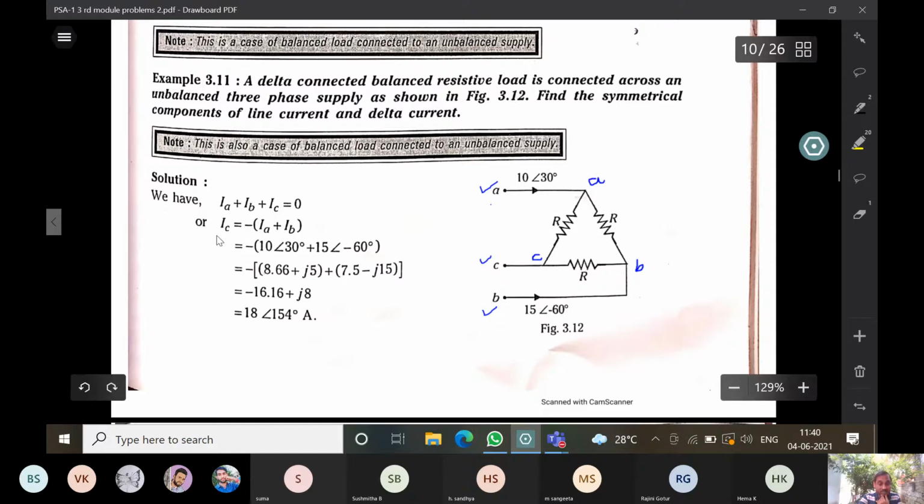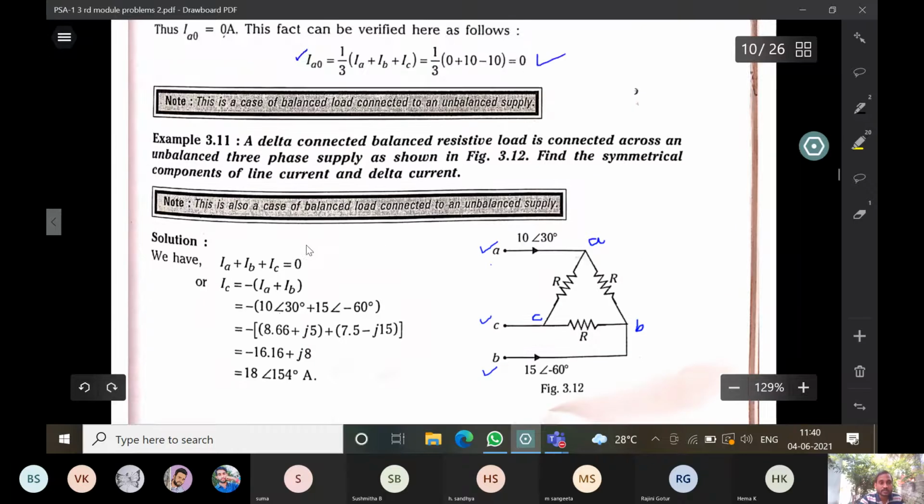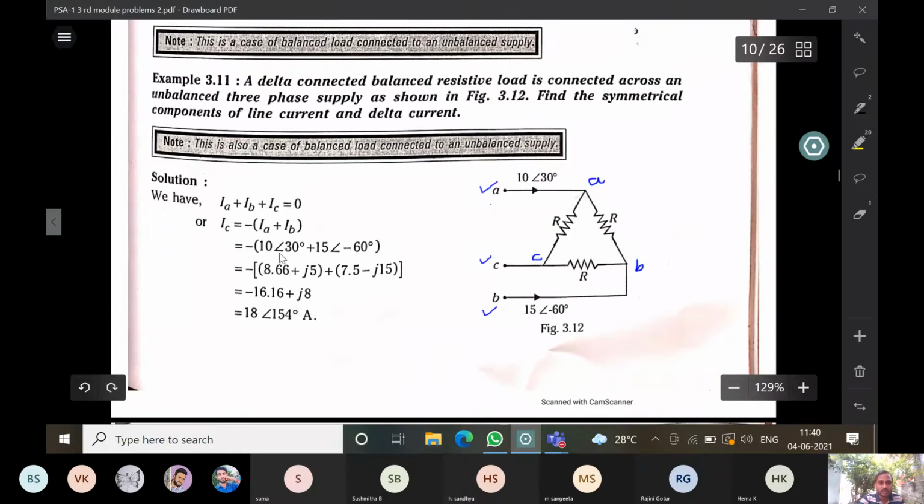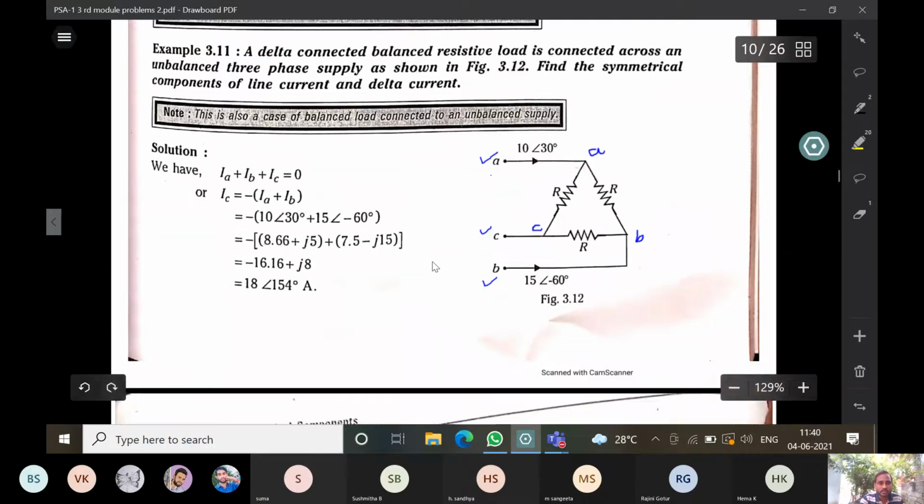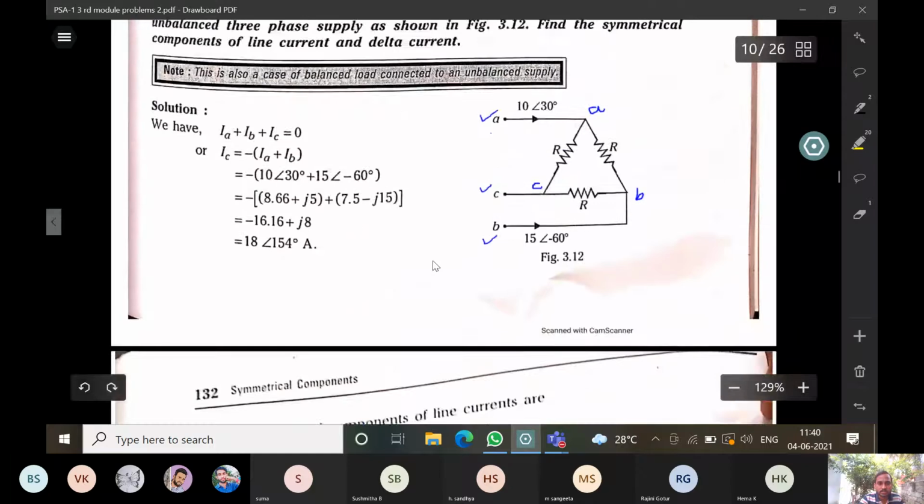So IC can be written as follows. IA is 10 at an angle 30 degree, and the IB value is 15 at an angle minus 60 degree.